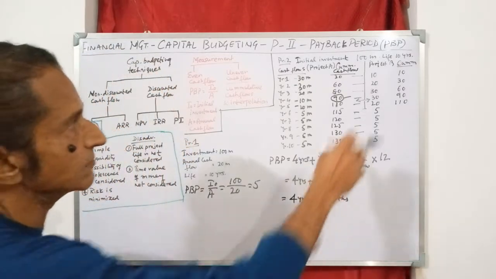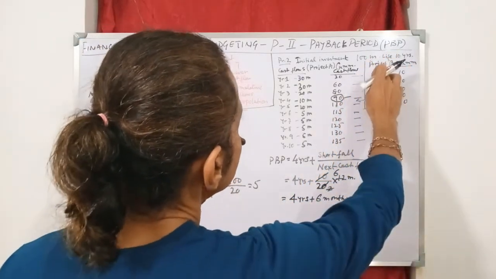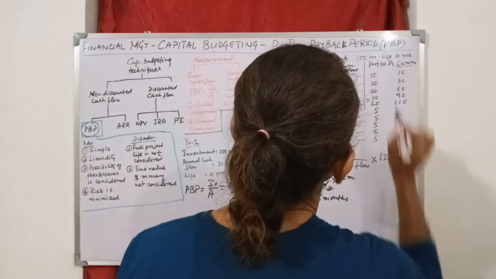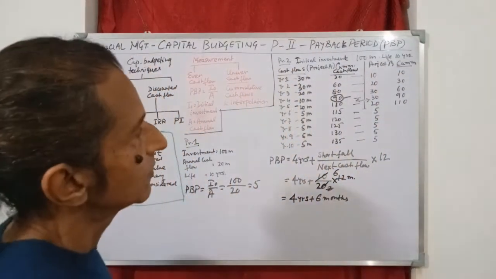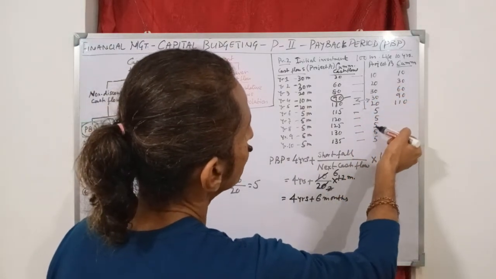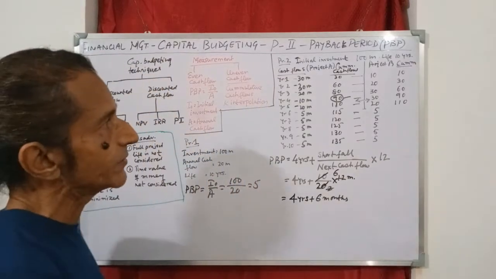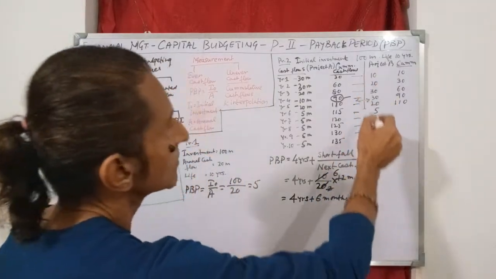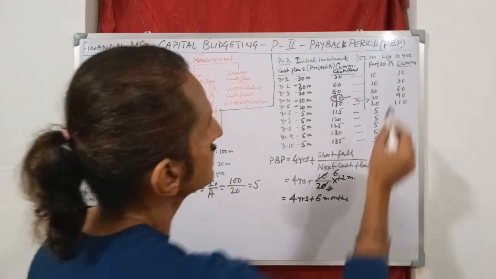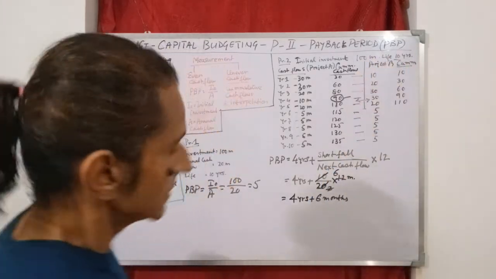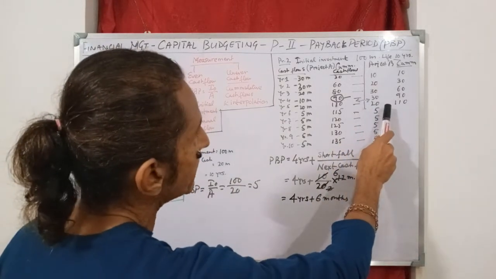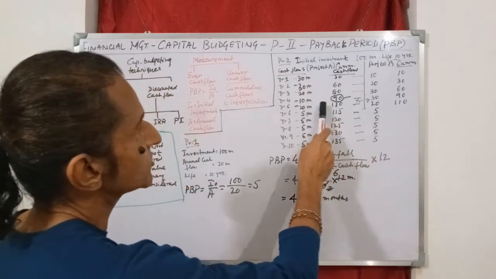Now consider this column. Here I have taken another project, that is project B, with cash flows of 10, 20, 30, 30, 25, 5, 5, 5. That means these are the cash flows of project B throughout the life of the project, that is 10 years. Now you can see the same thing is happening here. What happened in case of project A?